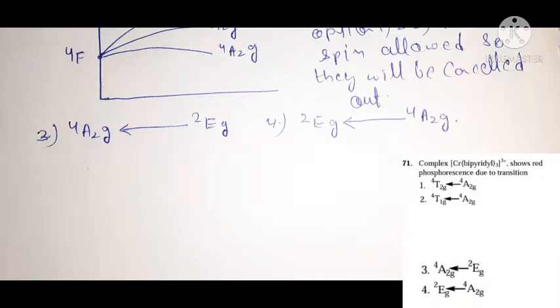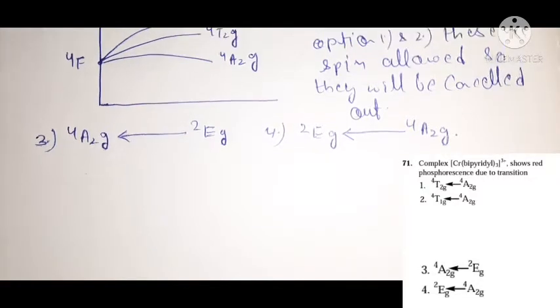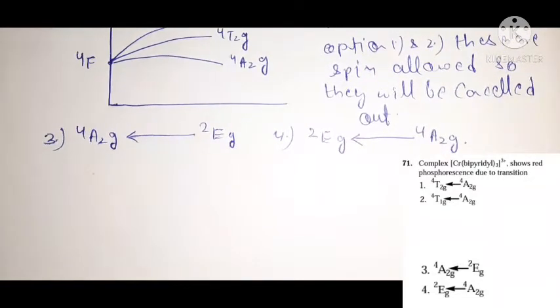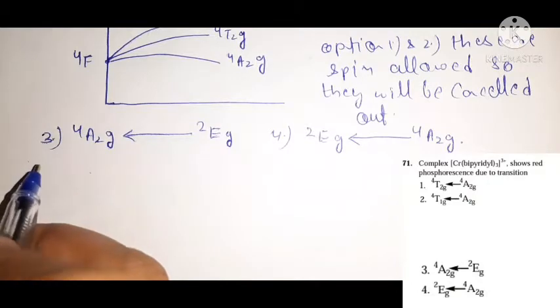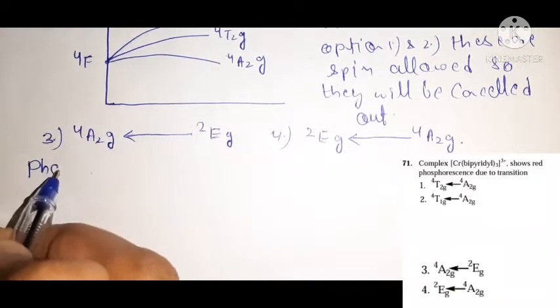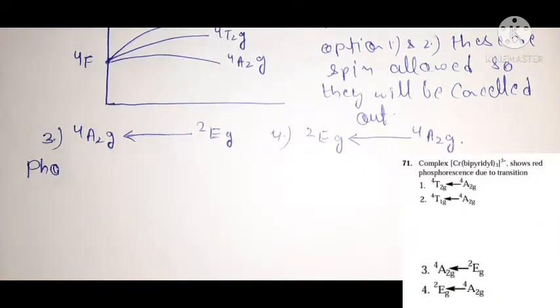So now we know that phosphorescence occurs when electron comes from excited to ground state. There is another condition for phosphorescence. The first one is that it is spin forbidden. So both these transitions are spin forbidden. But the other condition is that electron comes from excited to ground state.